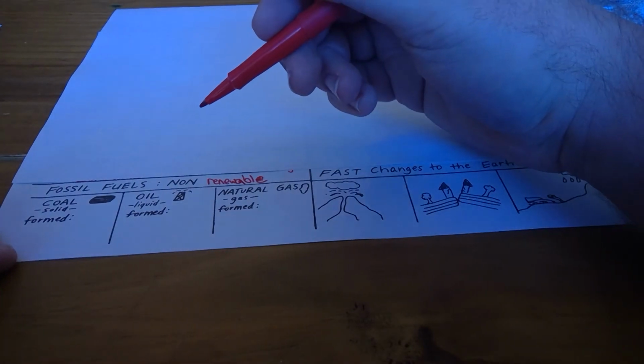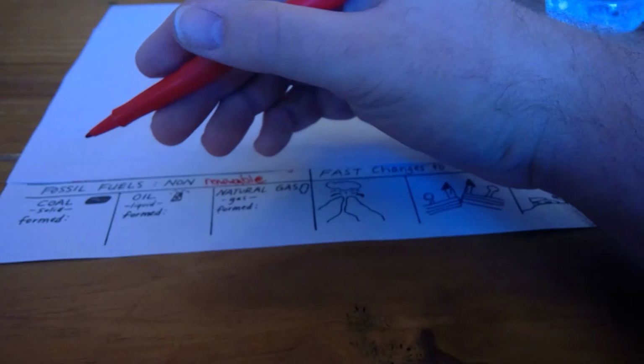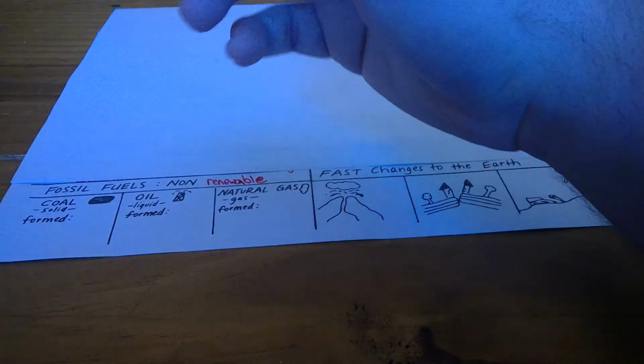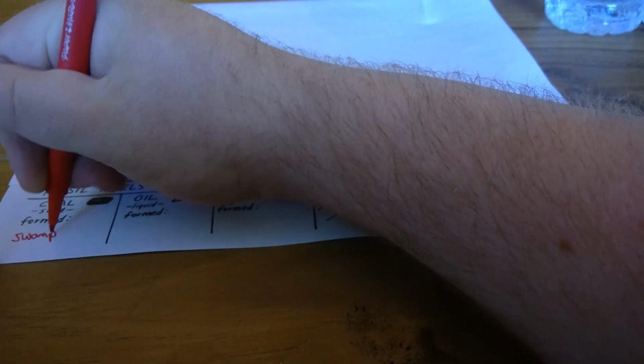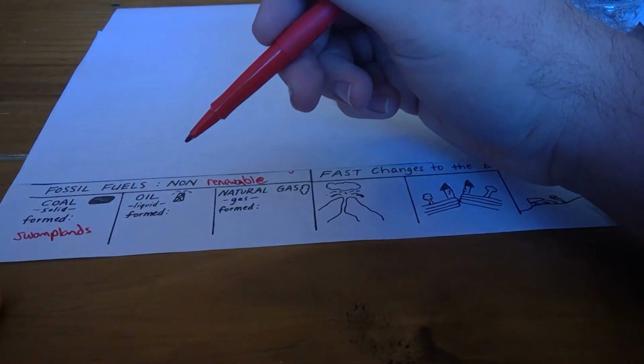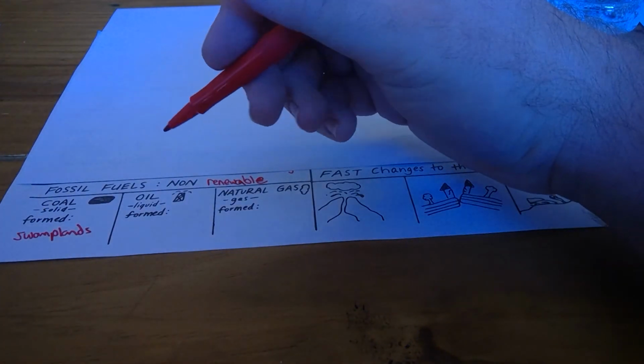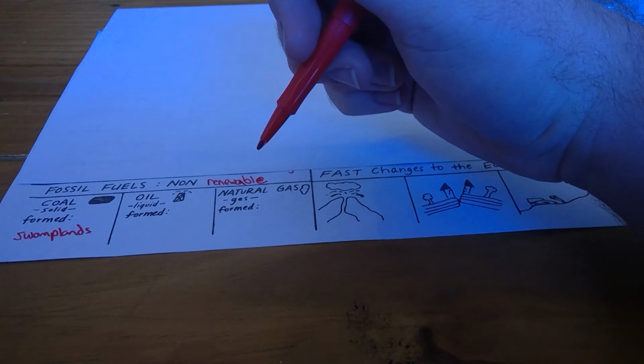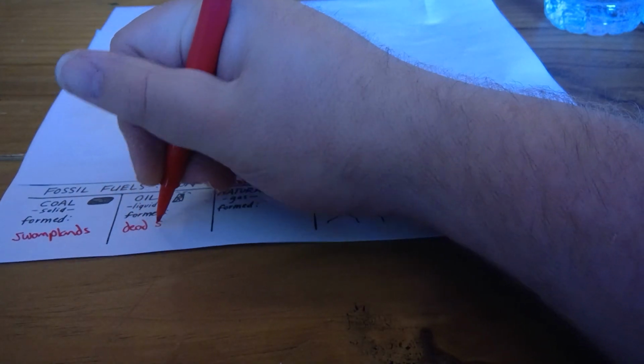So we have coal, which is a solid, and it's what we think is formed from swamp lands being covered up and decaying. Oil is a fossil fuel that is in liquid form. And our belief on this is that it was possibly dead sea life.